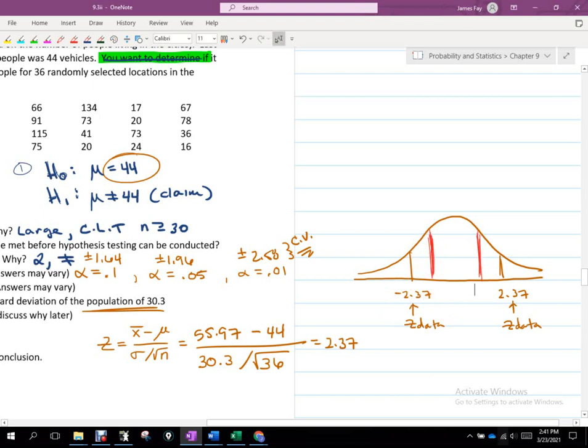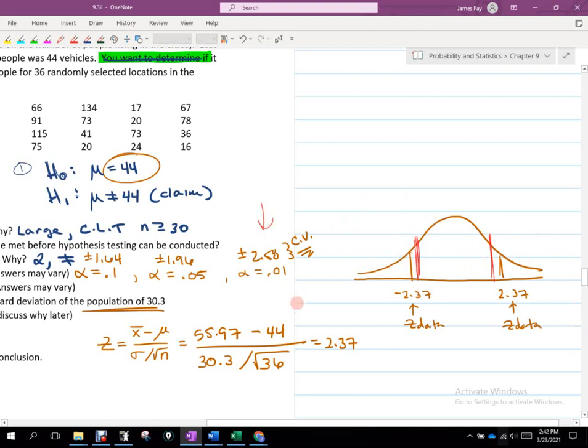If I went to a 5% alpha, all that's going to do is basically move these critical values a little bit further to the right and left respectively, but my Z statistic is still falling in the critical regions, still rejecting the null hypothesis.